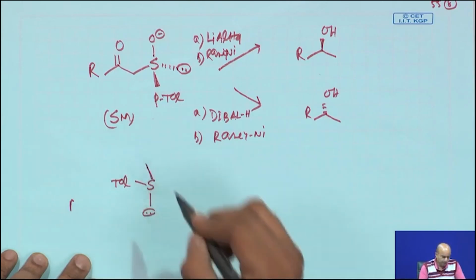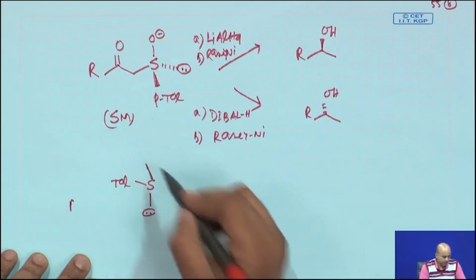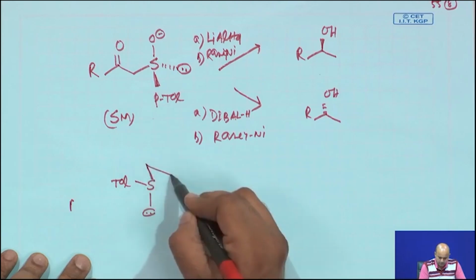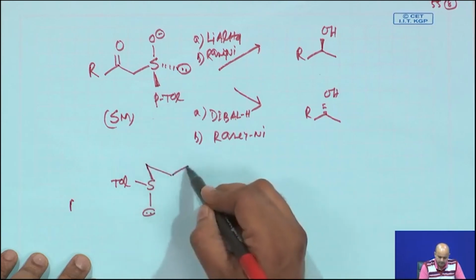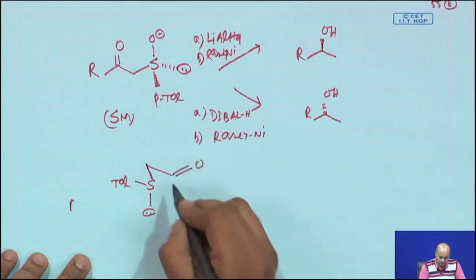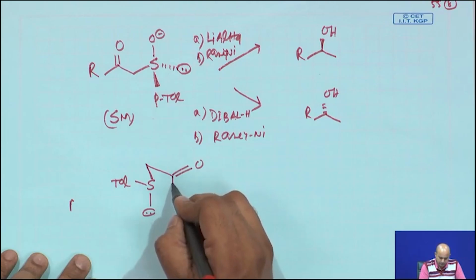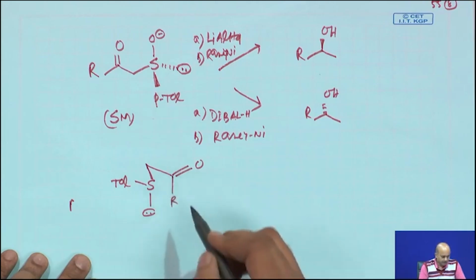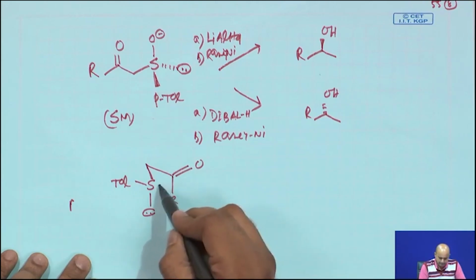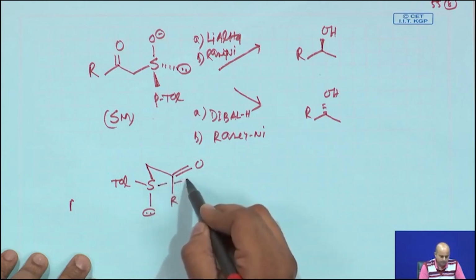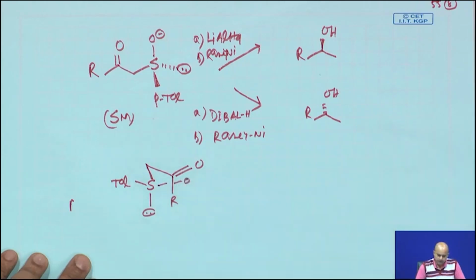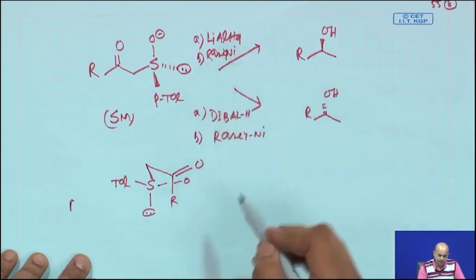So, I will try to write the sulfoxide. Let us say your R is here, and then the sulfoxide oxygen is here. In the initial case I am saying lithium aluminum hydride.